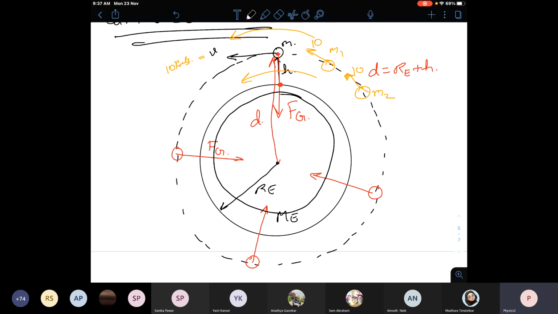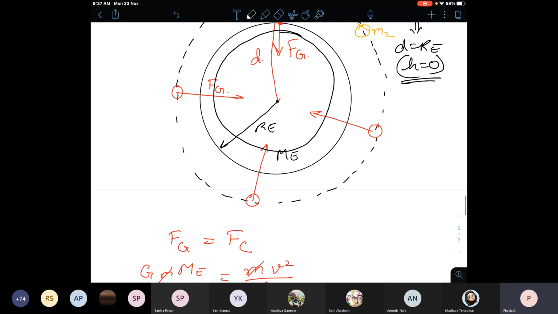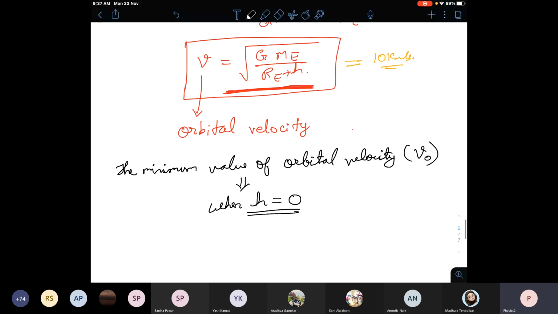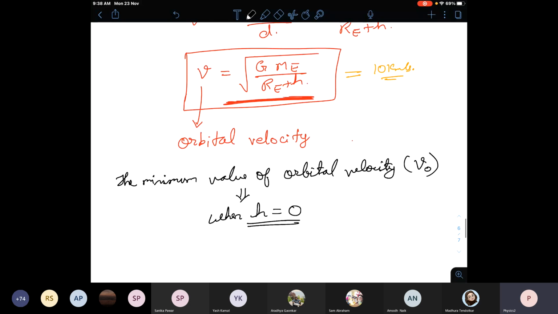That means the smallest value of d which can be attained is equal to Re, where h becomes equal to 0. As and when h becomes equal to 0, the formula of orbital velocity can be calculated. You can replace h equal to 0 over here.